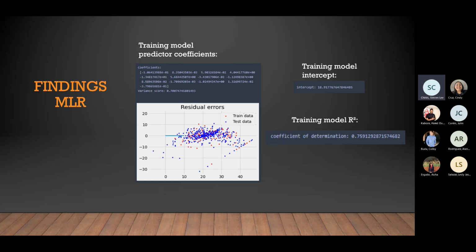Notable coefficients are the fourth variable, which has a coefficient of 4.04, the fifth variable, which is the largest with a negative 13.48, and then the next one of 5.7. And the model intercept was also generated at 18.92.